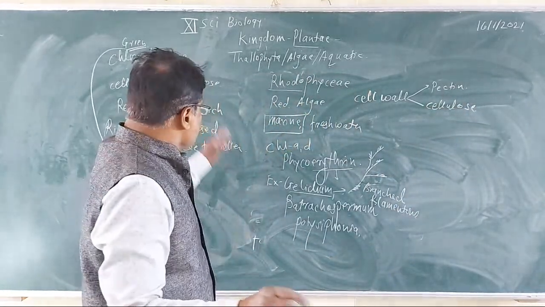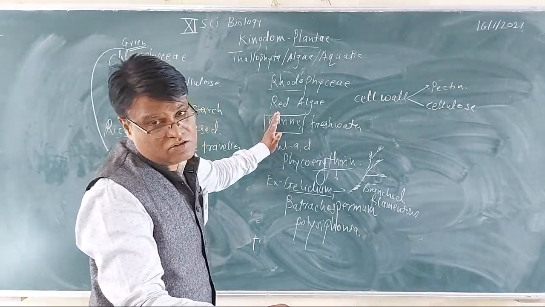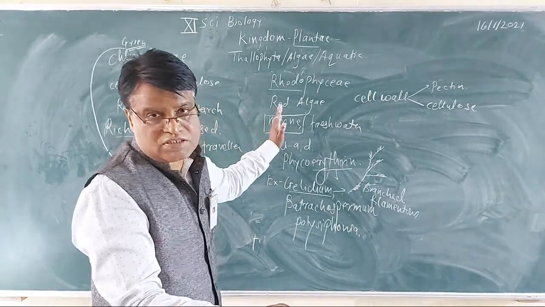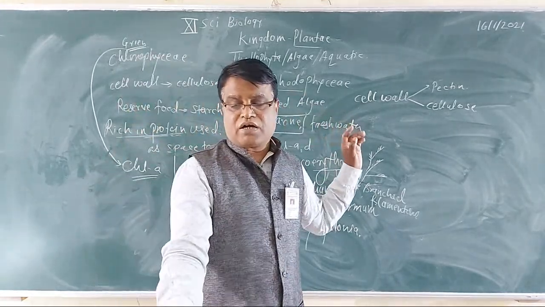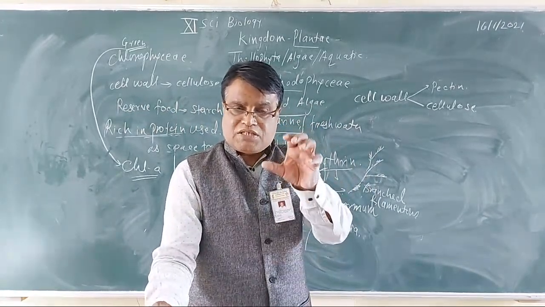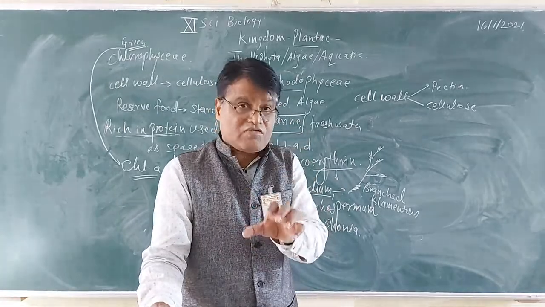Now listen. Chlorophyceae, cellulose. Phaeophyceae, cellulose, and then fucoxanthin, isn't it? But now the cell wall content is cellulose, fucans, and algin. These types are studied under the Phaeophyceae. It's the cell wall.